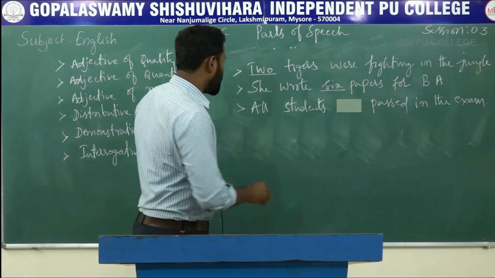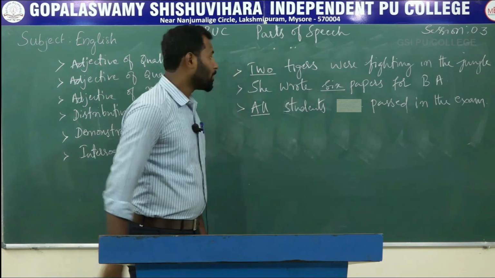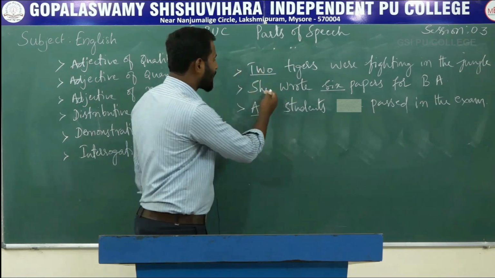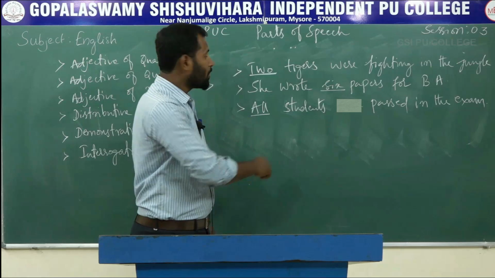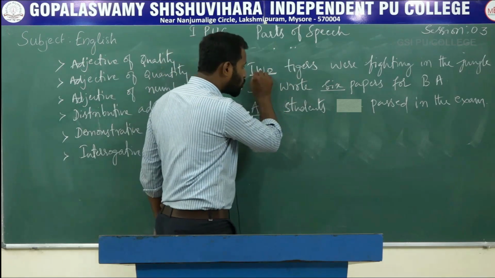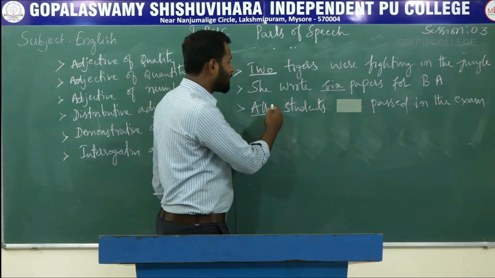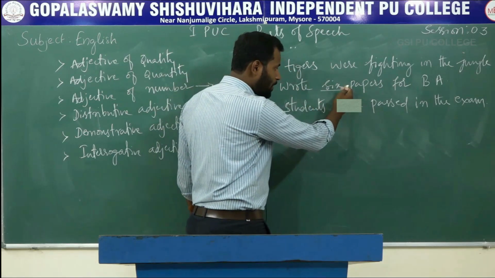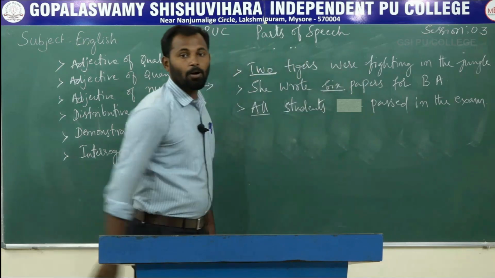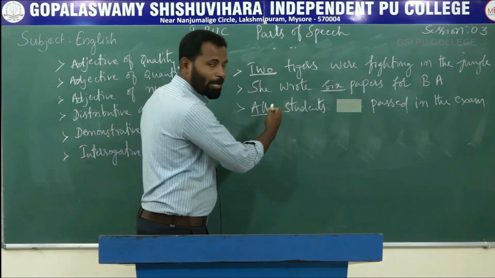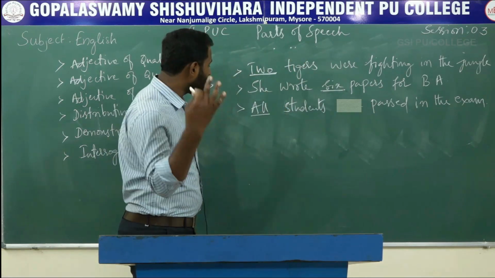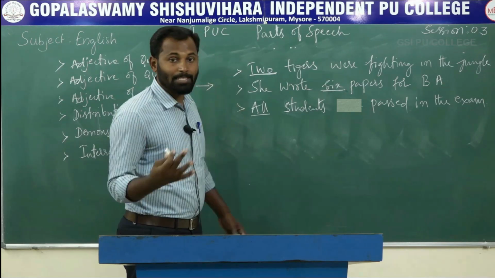In the third example, you don't have an exact number, but whereas in the first and second, you have an exact number. The first example, you have two tigers were fighting in the jungle. In the second example, she wrote how many papers? She wrote 6 papers for BA.